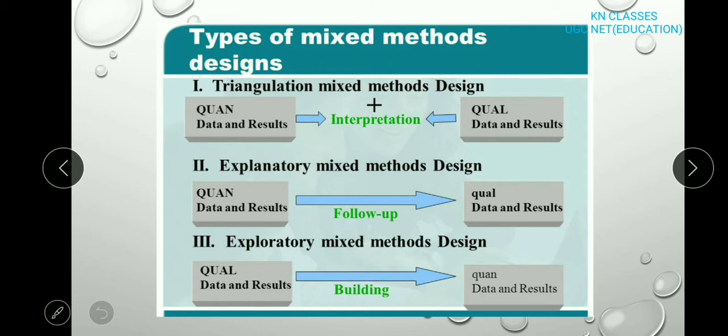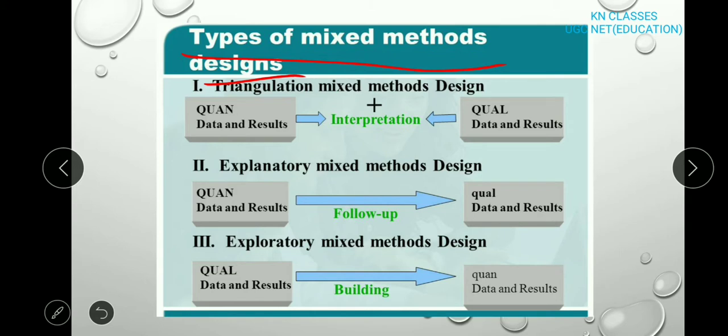In this video, we'll discuss in detail the types of mixed method design. If you have not seen the last video, please go through that. I have given the link in the description. Please check.